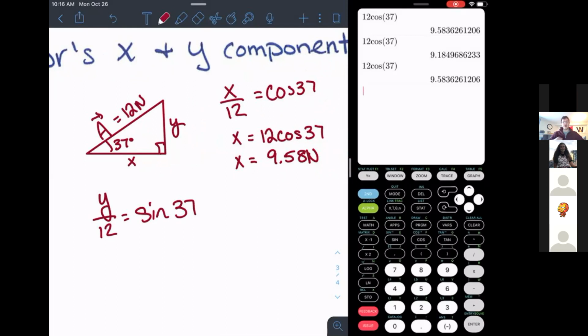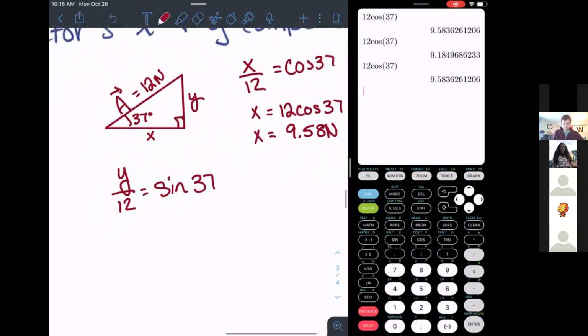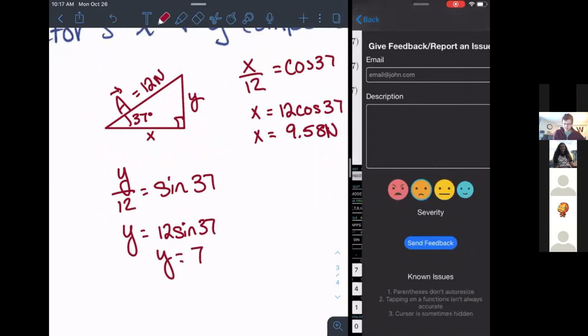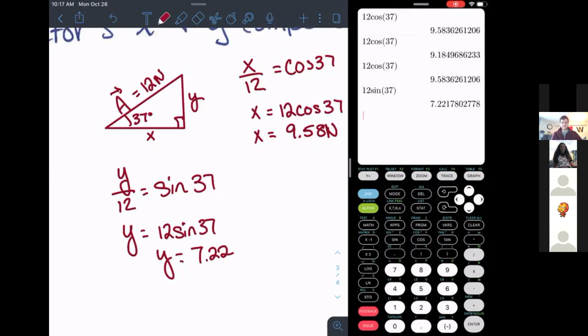Good. If I wanted y by itself, how do I get rid of that 12? Multiply it to the other side. So we have 12 sine of 37. And what do we get for our y value here? 7.22. Perfect. And we have newtons again.